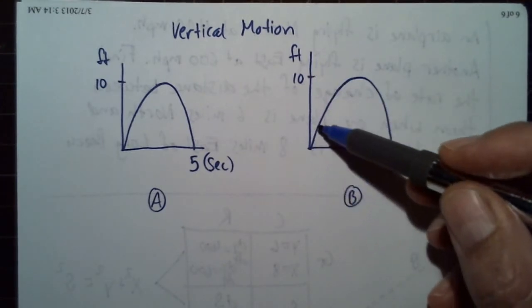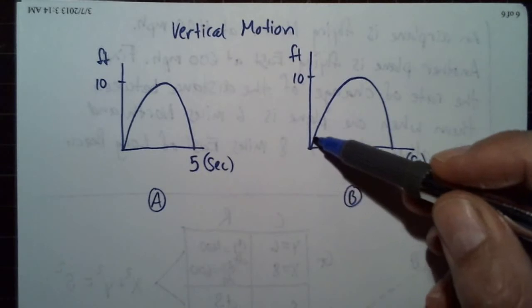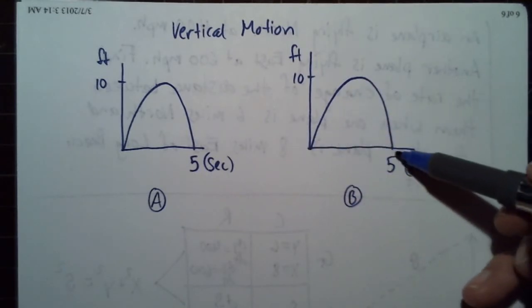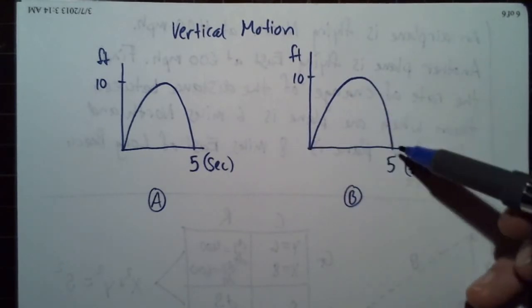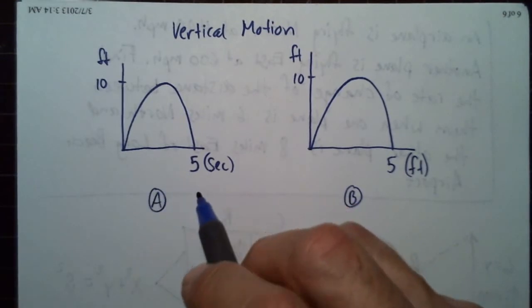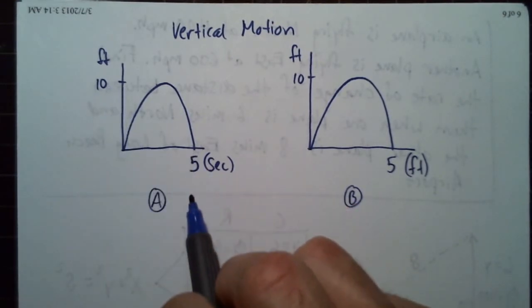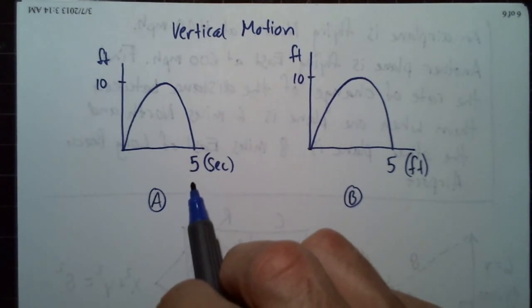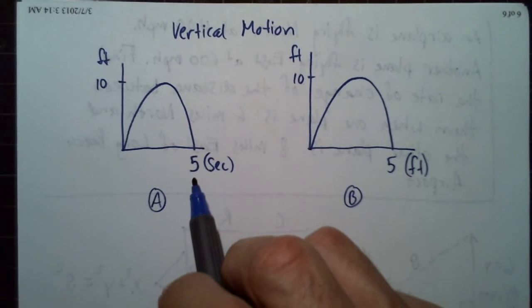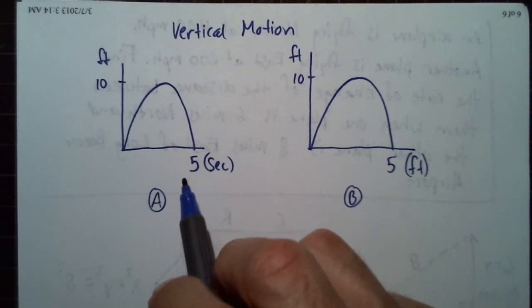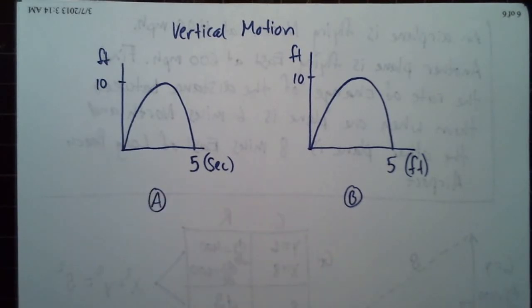So this could be like the side view of watching a ball go up and come down over a distance in a field. And here we just know that the ball went up to 10 feet and came back down. We don't know if it traveled horizontally, and it doesn't matter if it does move horizontally in this situation because we're just looking at its vertical position over time.